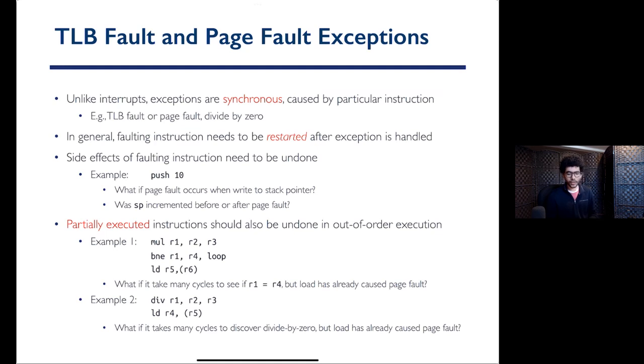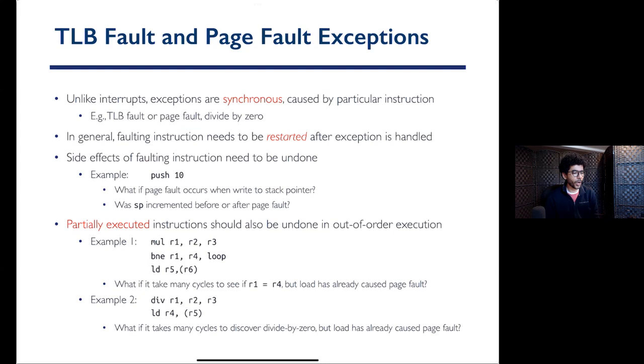Now let's talk about page faults, and let's connect that to any sort of exception that could happen in your program. Exceptions are synchronous. If you remember from early lectures on operating system concepts, we talked about exceptions as a synchronous event that is caused by the program.